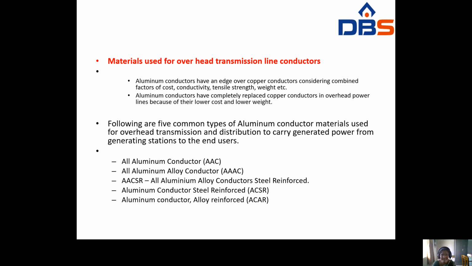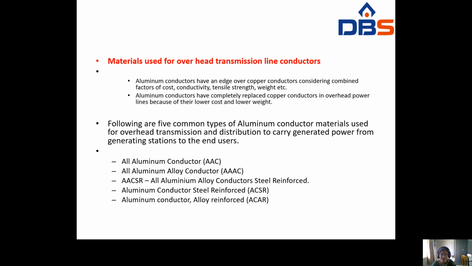Aluminum conductors have completely replaced copper conductors in overhead power lines because of their low cost and low weight.